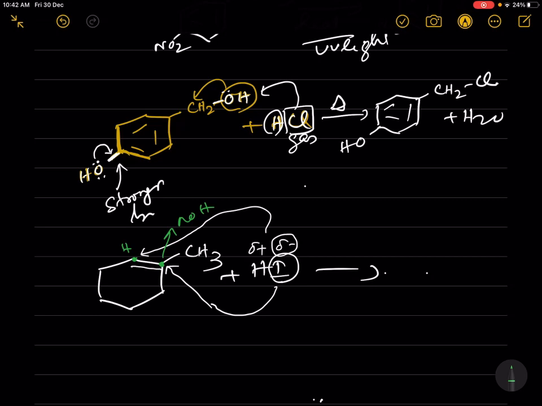So the possible structure is like this. This double bond becomes a single bond, and here 2 H atoms are there. CH3 is there, and iodine is, or you can write the structure like this also.